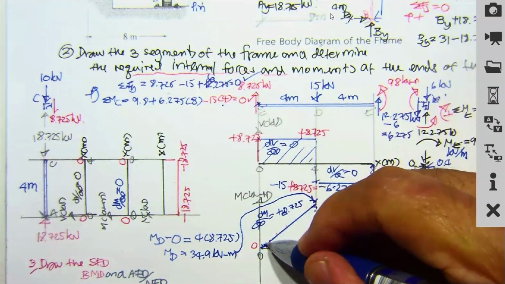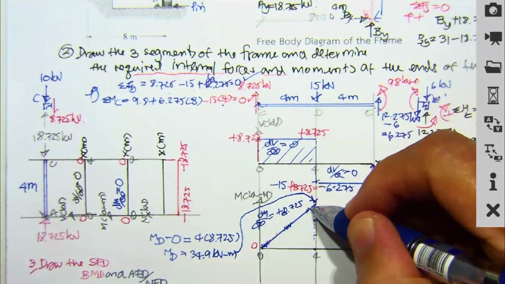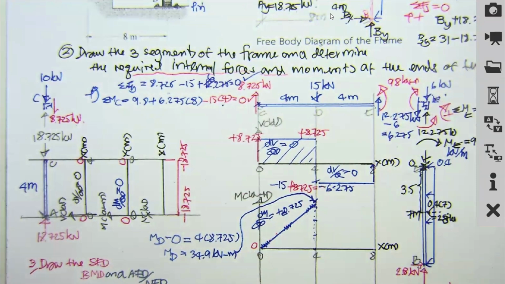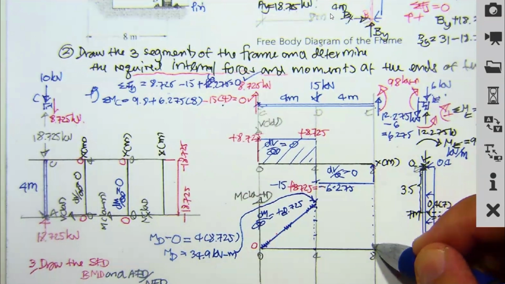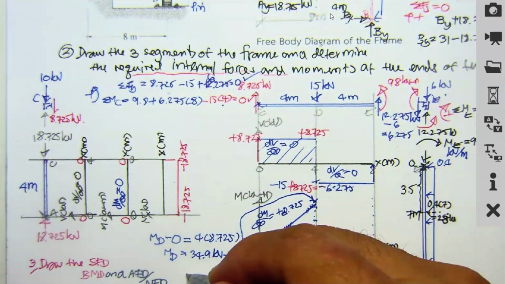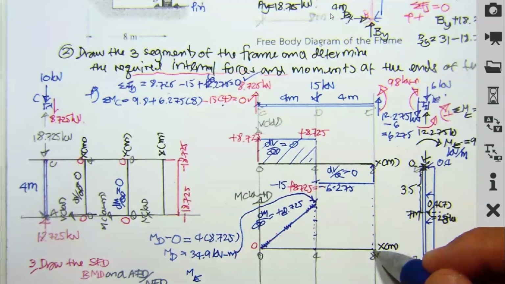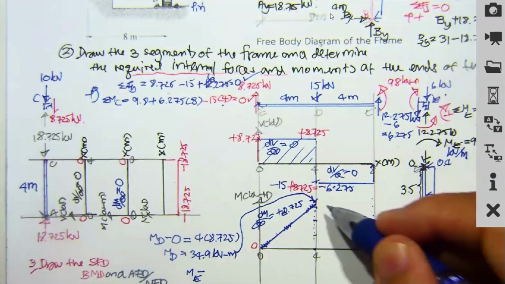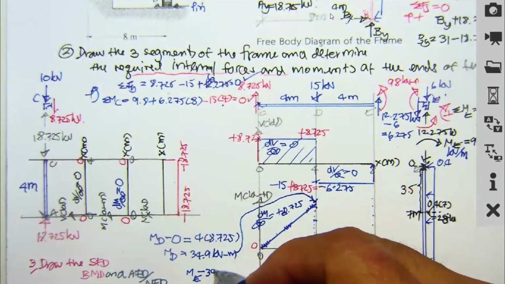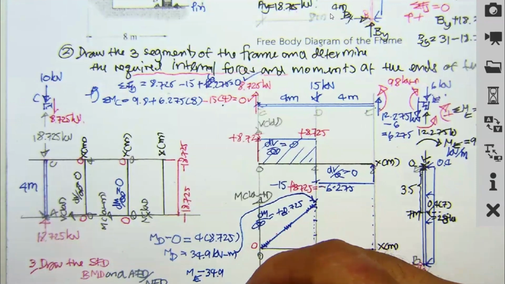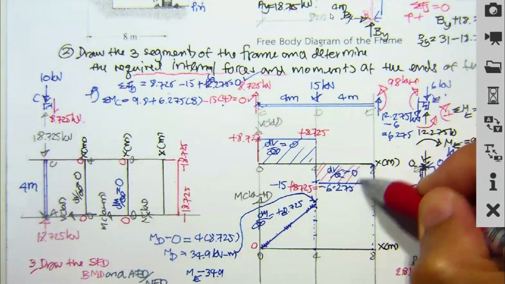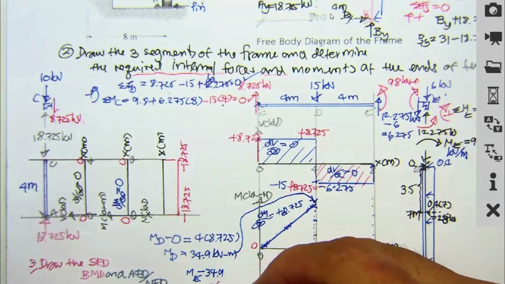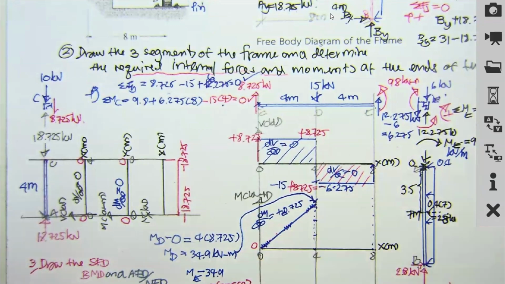We have the slope 8.725. Now, what is going to be the moment over here? It's going to be M sub E, this is E, minus over here 34.9, and then it's going to be equal to this area minus 6.275 times 4.